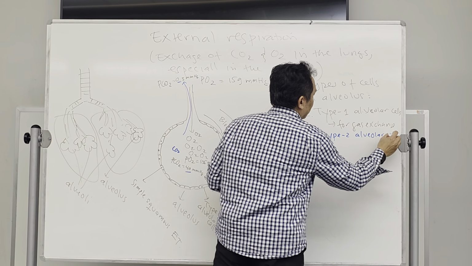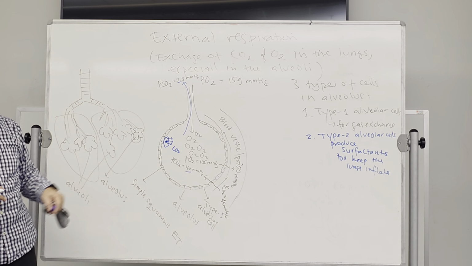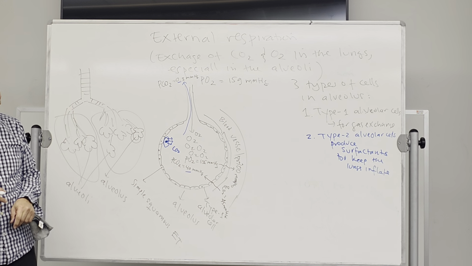This chemical will keep our lungs inflated. So it produces surfactant to keep the lungs inflated. It actually keeps the lumen of the alveolus inflated. Surfactant.